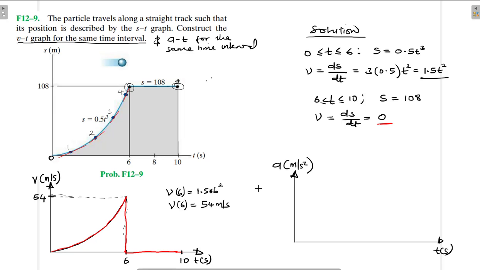So this is the graph that we're going to have, and this is being governed by v is equal to 1.5 t squared.